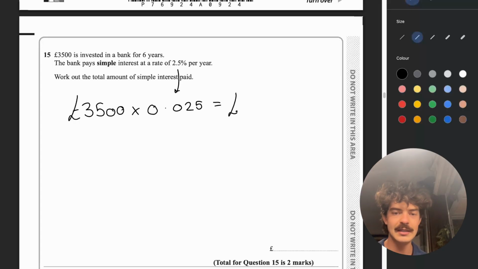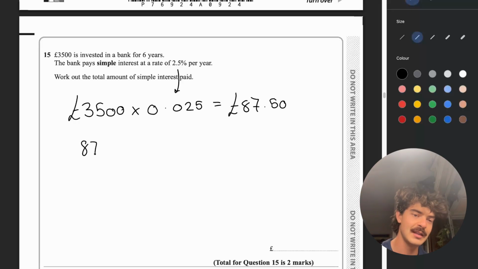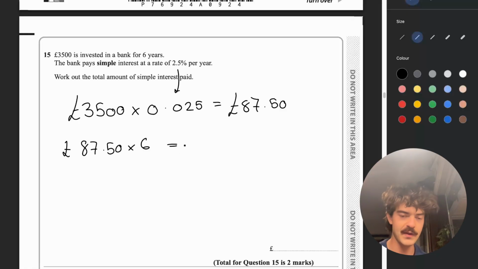Bang, £87.50. Great. So, given that this is happening for 6 years, we've got to multiply it by 6. 87.50 times by 6. So this is in 1 year, but over the span of 6 years, she's going to get 6 times as much, giving us £525. Nice.